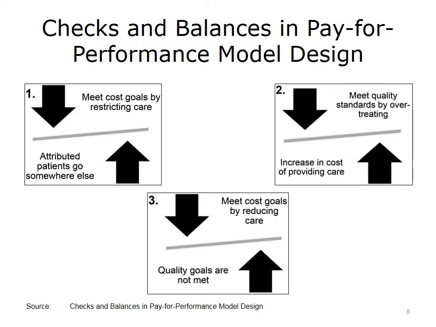Finally, in image 3, it is possible that the ACO could try to meet cost goals by reducing care. There is another check and balance here because the quality goals of the model encourage comprehensive care. These goals for providing care exist to assure that providers deliver care that promotes quality outcomes.